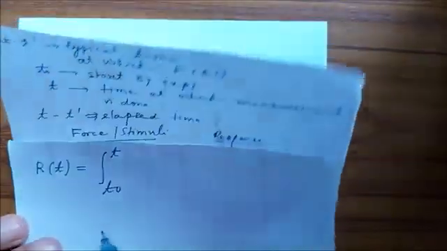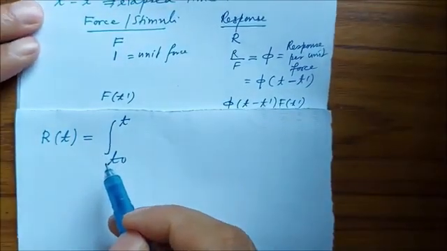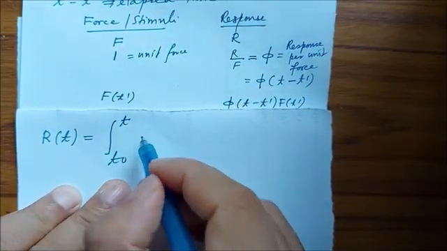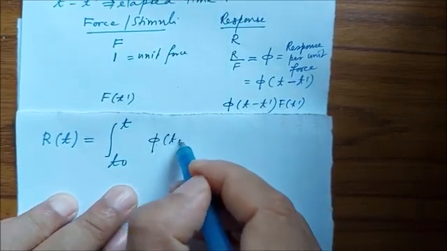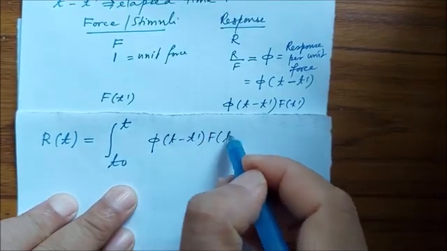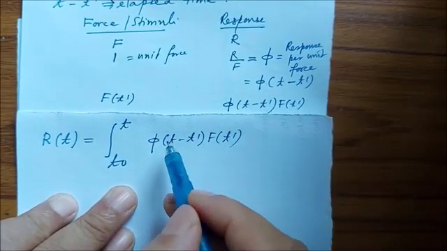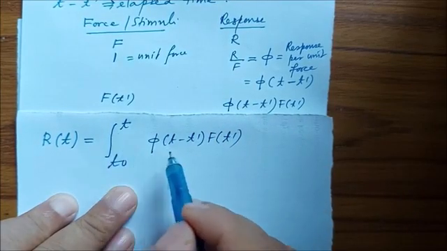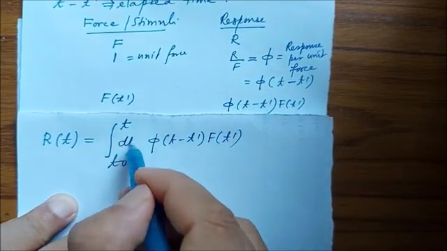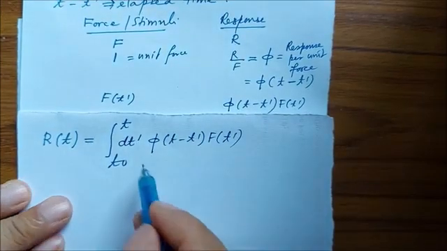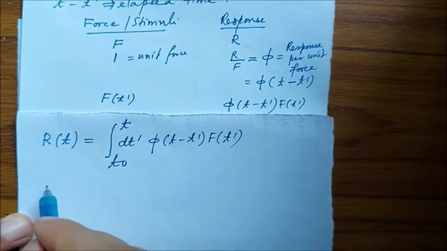So we have here t0, and we have used the integration sign so that all the stimuli, all the forces are taken care of. We have to sum over or integrate over all the responses. So this is the response, and dt prime will be there, which indicates we are integrating. So this is the required expression.